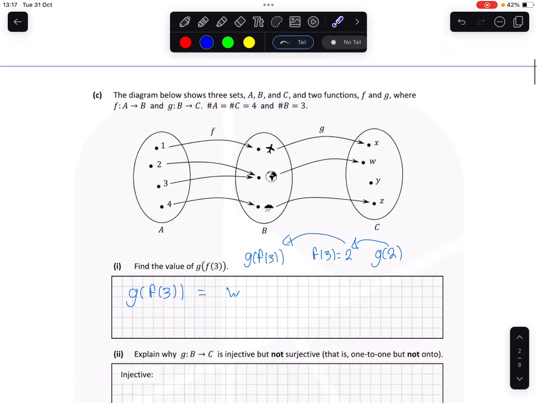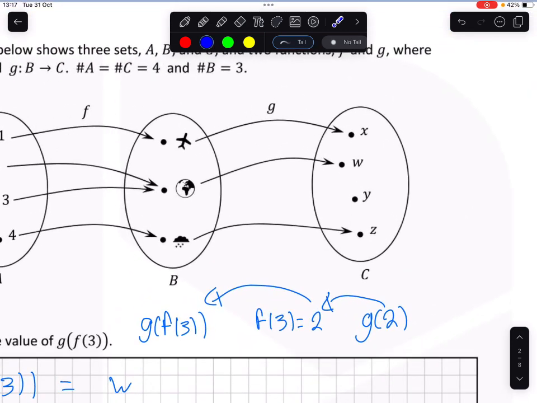Now, why is it not surjective? Surjective occurs when everything in the codomain gets mapped to by something in the primary set.